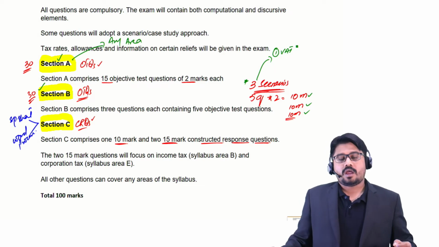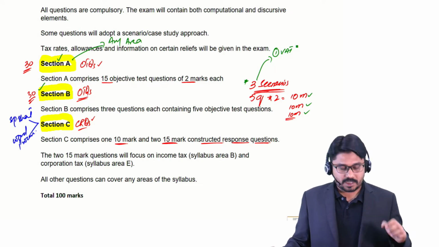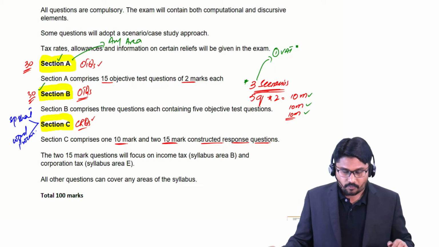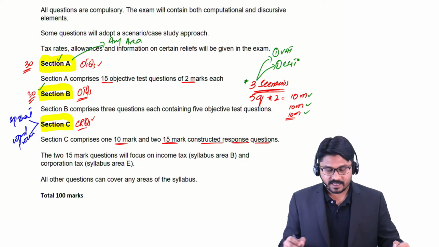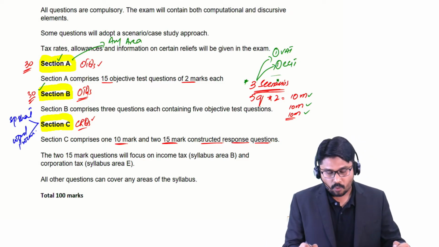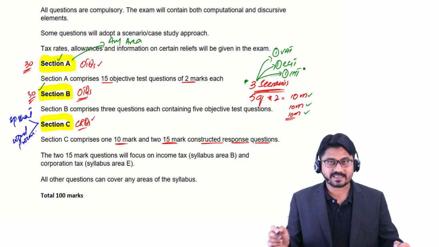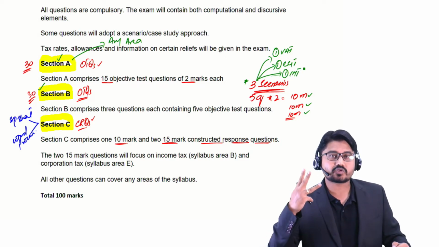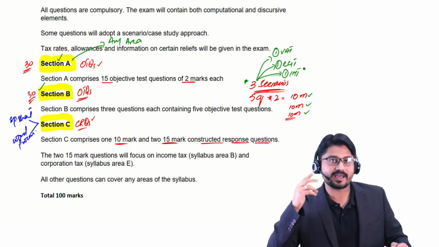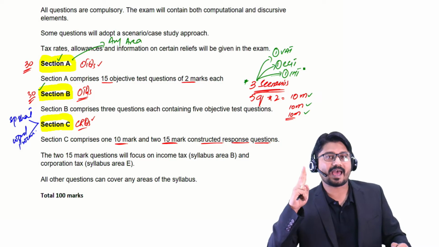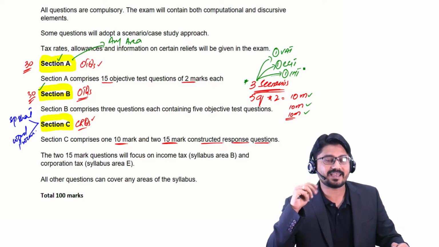I repeat, in Section B, there is always a question for value added tax. One scenario for capital gains tax, and one scenario for inheritance tax, IHT. So these 3 are the defined areas for Section B. I repeat, value added tax, capital gains tax, and inheritance tax.